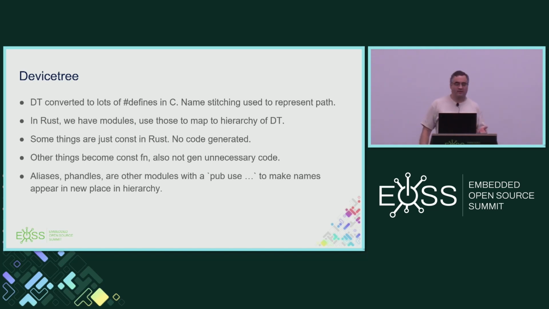So there's a lot of things that are just consts. The device tree has a lot of numbers, but there's a lot of other things in there that are kind of weird, honestly. The properties are actually, in the device tree, just byte arrays, but we don't use them that way in Zephyr.